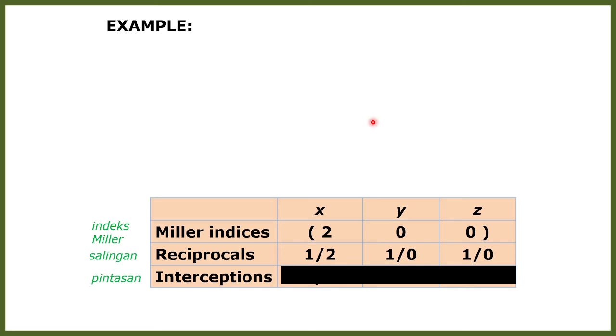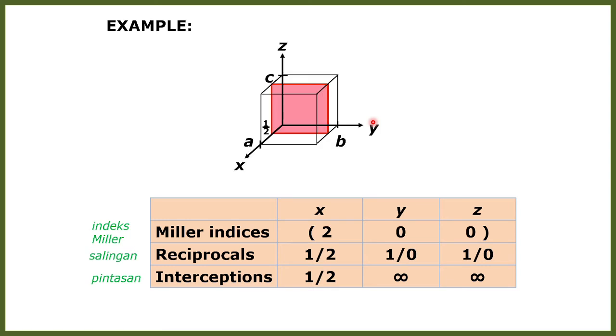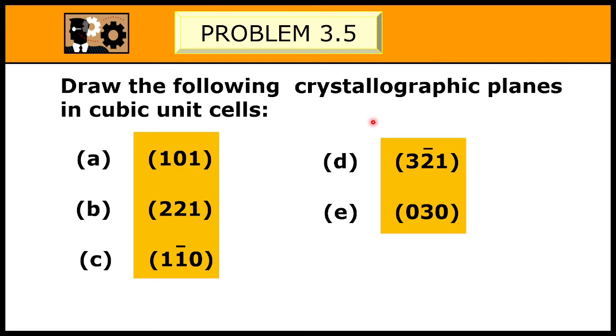So it intercepts the x direction at point 1 over 2, but it doesn't intercept y and z. So the plane looks like this: it only intercepts the x direction at point 1 over 2, and doesn't intercept the y or z direction. Okay, let's go to the next example.